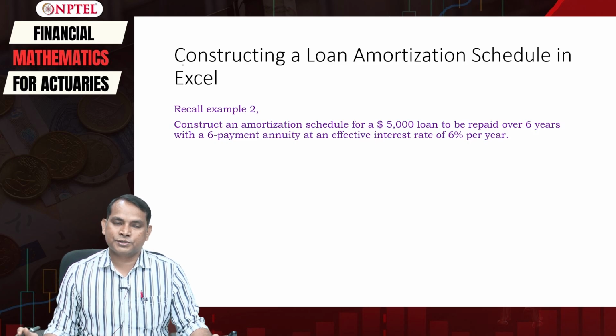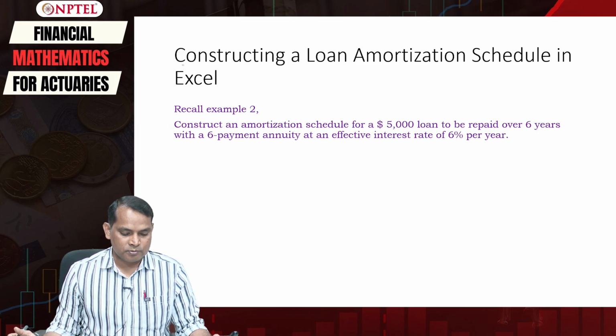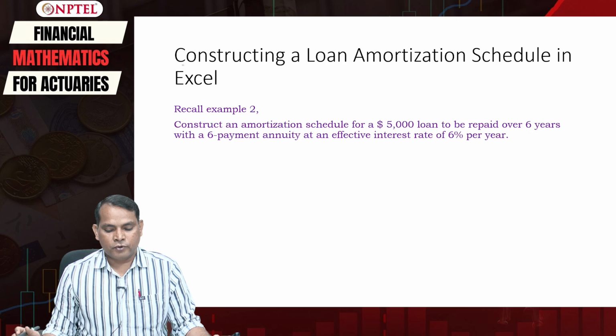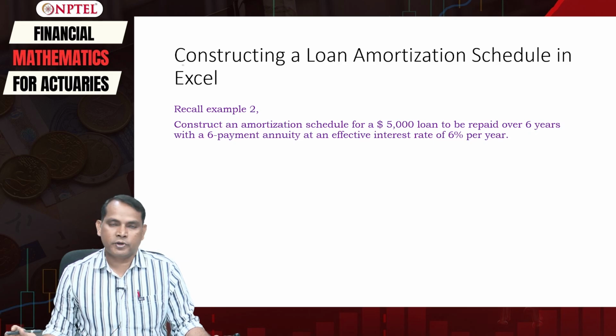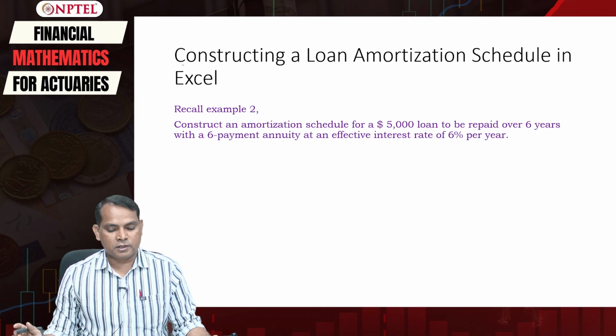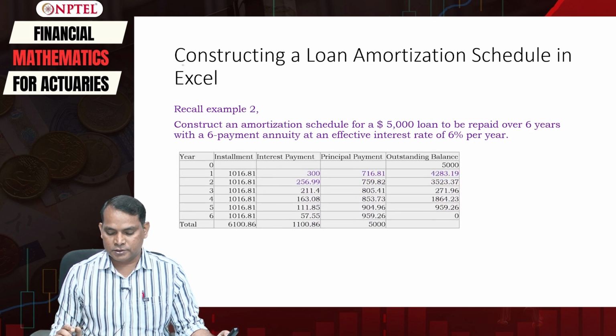Remember that in illustration 2 we had this problem: construct an amortization schedule for a $5,000 loan to be repaid over 6 years with a 6 payment annuity at an effective interest rate of 6% per year. If you remember, we had a table like this.